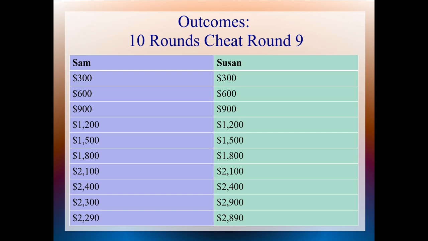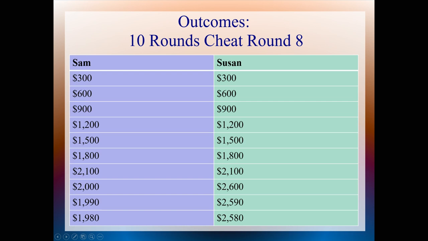So, knowing that, if you think, well, if we were to go to round 10, I could end up with 3,200, but if Sam thinks that, then he might cheat. And if Susan were to cheat at round 9, what if we just moved it up another round, cheat a little bit earlier again, to try to get a jump on someone? So again, Susan is a cheater just for simplicity of the charts. But we go here till you get to 2,100 in round 7, and then in round 8, someone cheats.